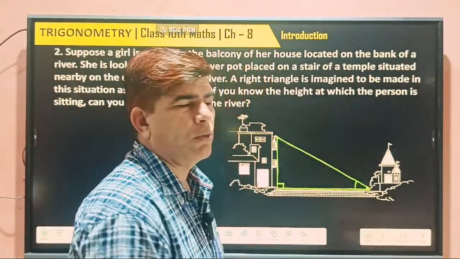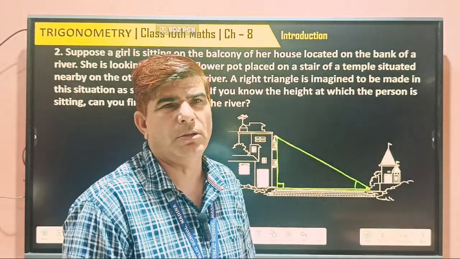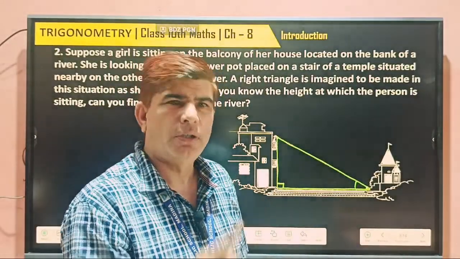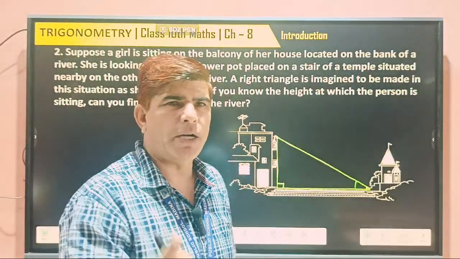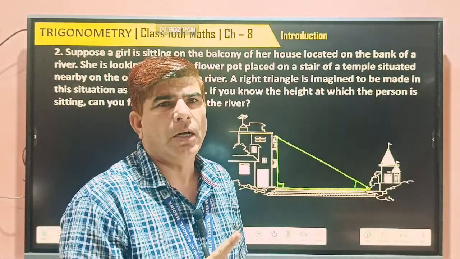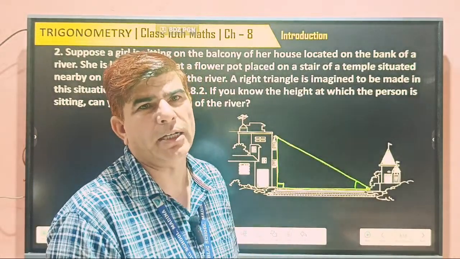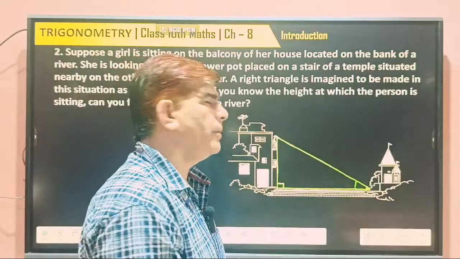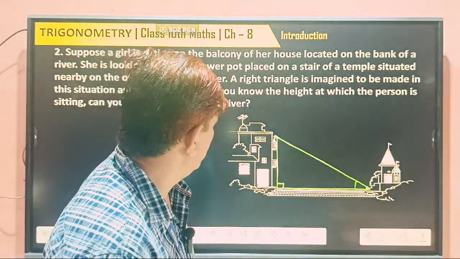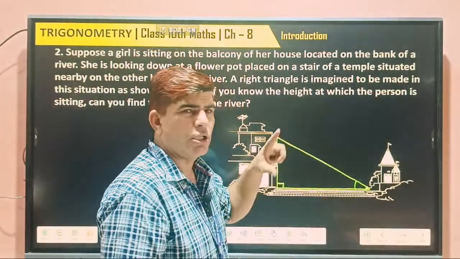In normal conditions it is not possible, but it is possible with the help of trigonometry. Trigonometry I already told: tri means 3, gon means sides, and metro means measurement. Measurement of 3 sides. Understood? So keep this situation in your mind.